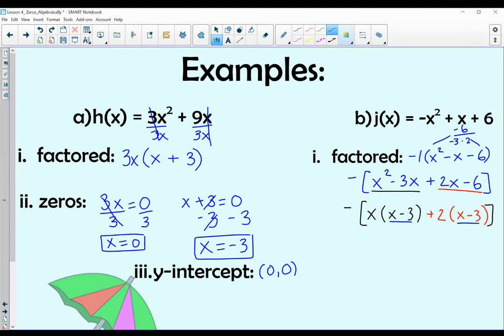Now I'm going to factor out x minus 3 because that in and of itself is the greatest common factor. X minus 3. And then I'm left with x plus 2. And I can actually take these down at this point.